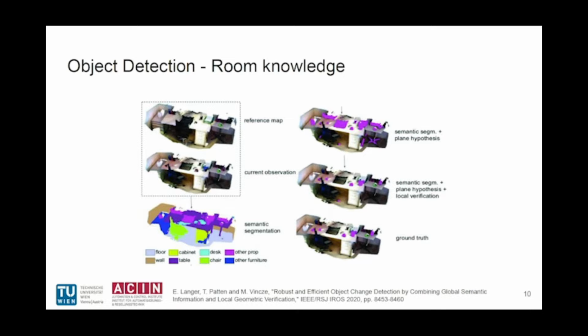But you can refine that even further because things might have been moved by a couple of centimeters, or just through the noise in the reconstruction, you might be off by a couple of centimeters. But knowing the reference and the current observation, and having reduced the search space drastically already through what we described before, you can just look for the cluster you detect, if there's a matching cluster nearby in the reference map.